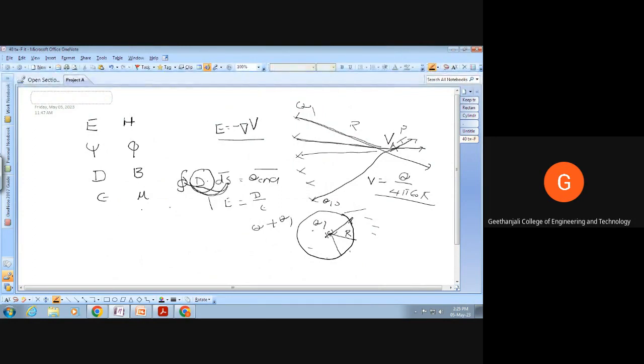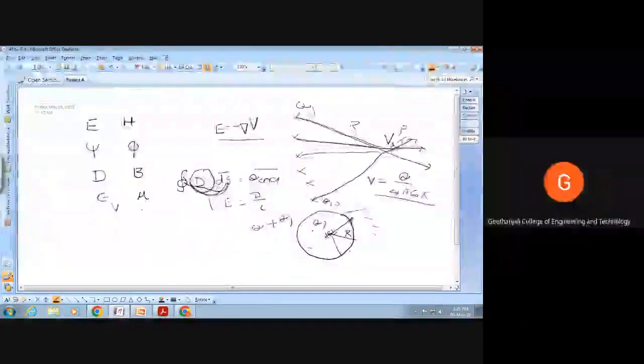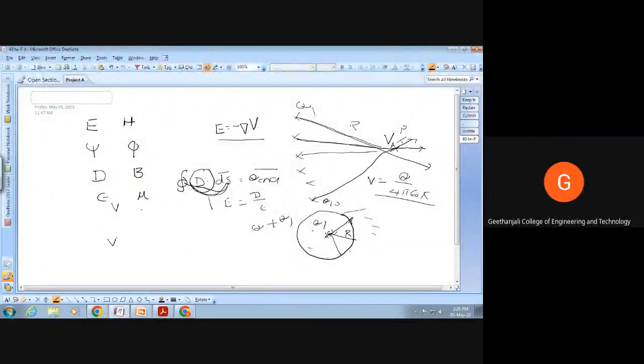Like that, the total potential V is equal to V1 plus V2 and so on up to V10. Remember that each potential V1, V2, V3 up to V10 is a scalar quantity. They don't have any directions. It is just like adding the magnitudes, 2 plus 30 plus 40, because they don't have any directions.